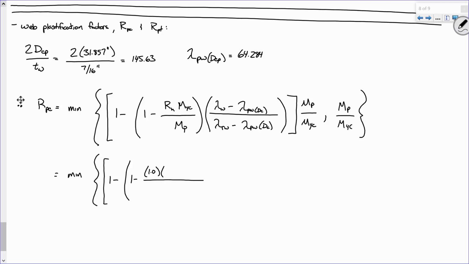I think it was 2558.4 foot-kips over MP, which was 3326.3 foot-kips. So far, what's going on with the units? We've got foot-kips over foot-kips, right?